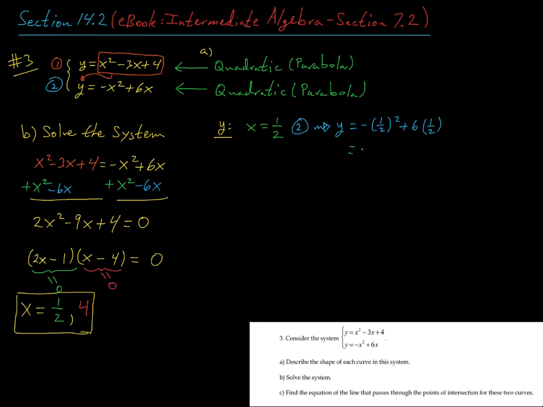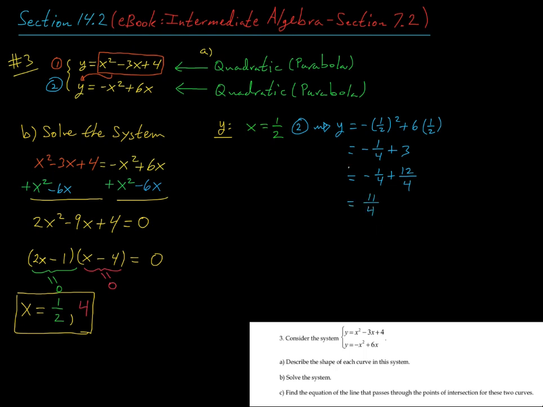So this is minus a quarter, and 6 times a half is 3. And now common denominator, it's minus a quarter plus 12 quarters. So this is 11 quarters.